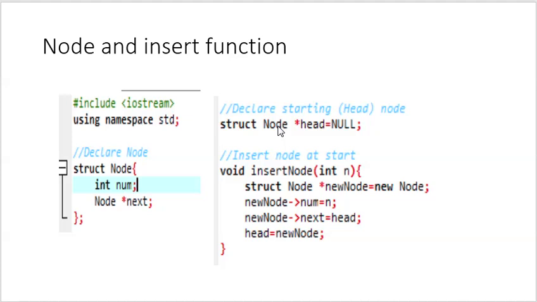As mentioned in the last code, we were first checking whether the linked list is empty or not, but in this we have assigned head null, so the linked list is empty, and we will insert a node at the start.